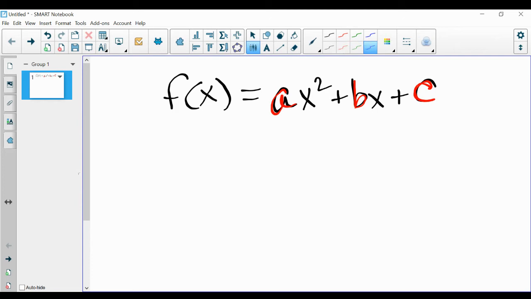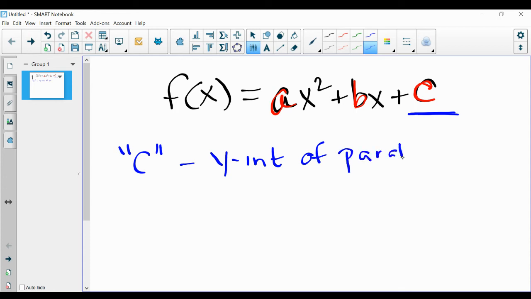Let's start with what c tells us. Okay, c actually tells us the y-intercept of the parabola. So if I had 5x squared plus 2x plus 7, my parabola would have a y-intercept of 1, 2, 3, 4, 5, 6, 7 up here.